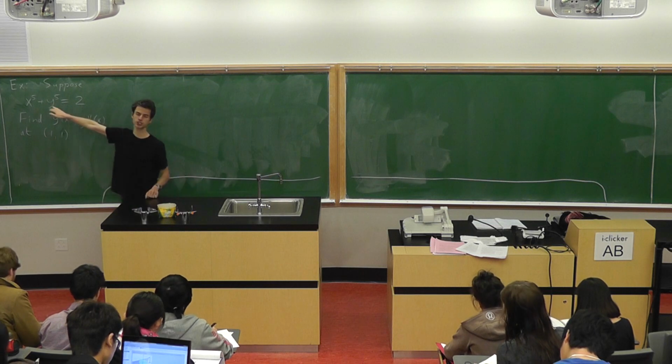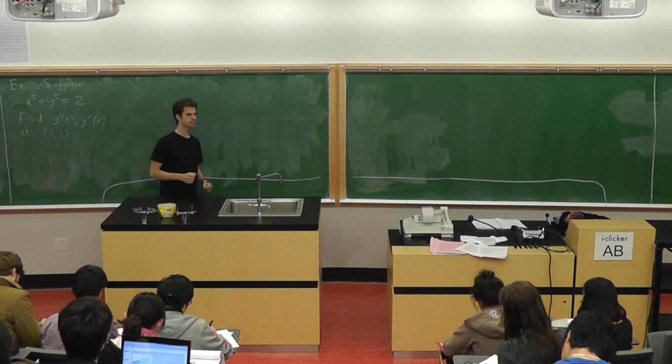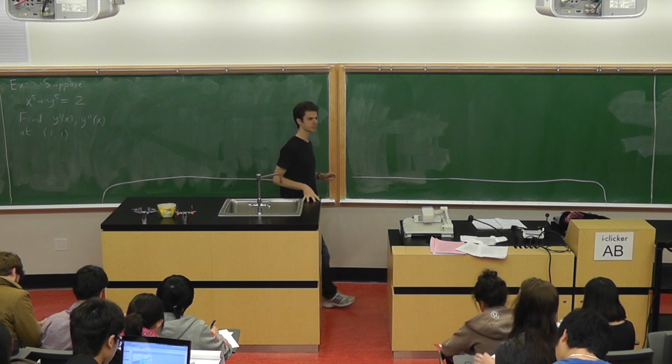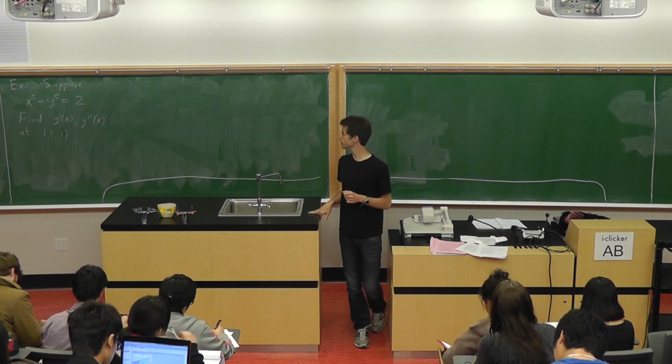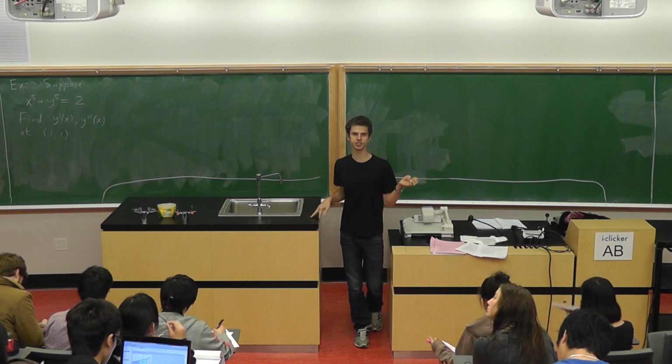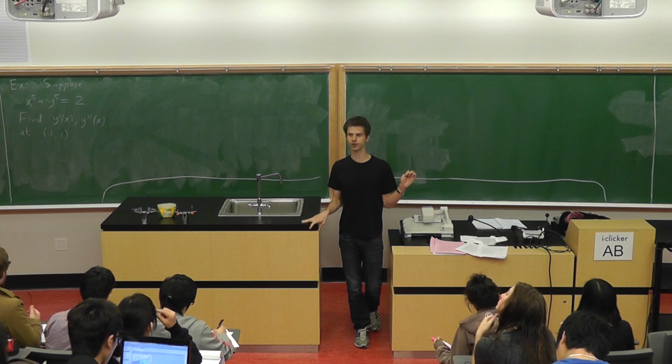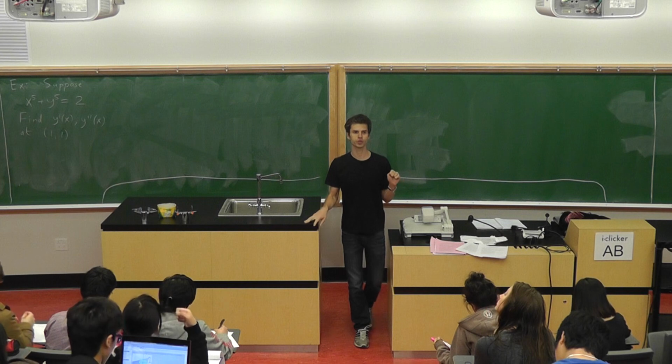So we are given a function y which is defined for us implicitly, just by an equation that it satisfies, x to the 5 plus y to the 5 is equal to 2. And the question is to find the first derivative and the second derivative of this function at the point 1, 1.